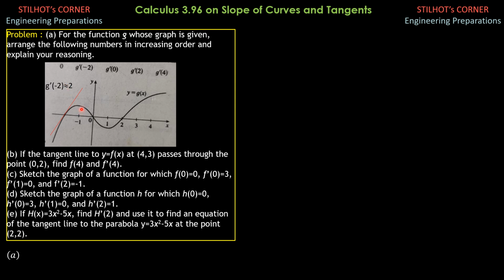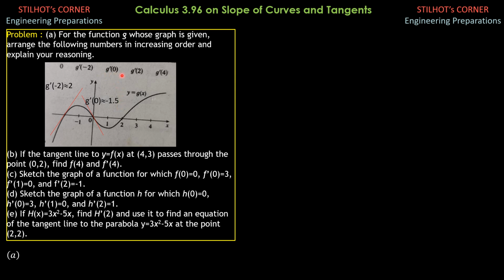Then we estimate g prime of 0, which is the slope of the tangent here, and that's a negative slope. So in my estimate, I just present it as -1.5. So g prime of 0 is about -1.5.